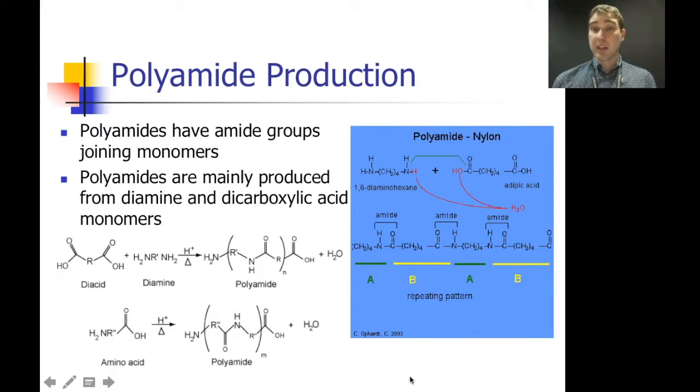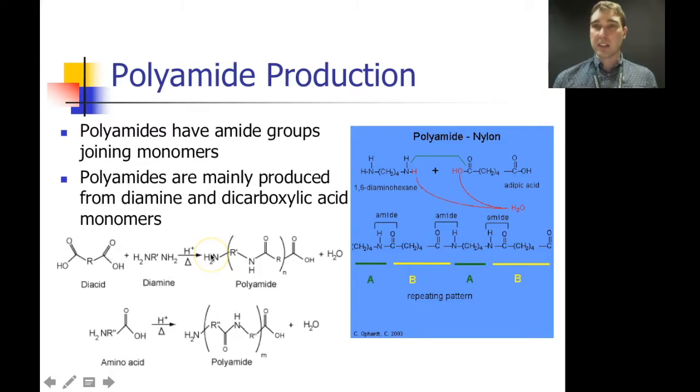So how do you make a polyamide like nylon? So you need to have lots of amide groups being produced. So to do that, one manner is by reacting a diamine with a dicarboxylic acid. So a diamine has an amine group on either end of the carbon chain, and a dicarboxylic acid has a carboxylic acid on either end of the carbon chain.